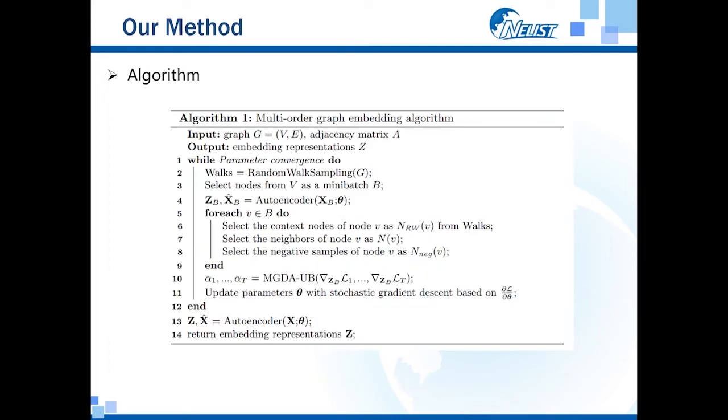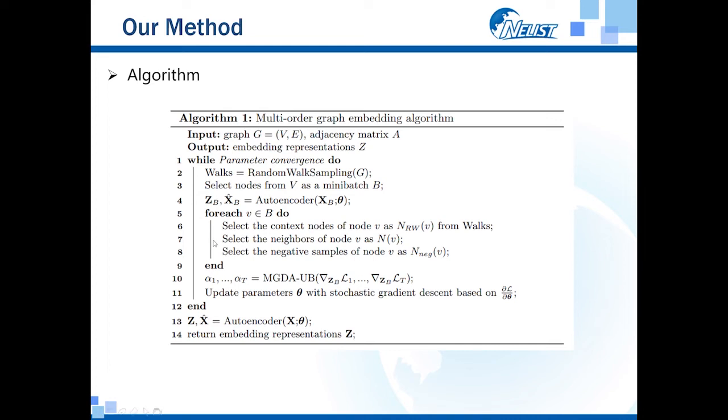So we will introduce our algorithm as follows. First, we use random walk to sample the node sequences. Then we select the nodes from V as a mini batch B. Next, we use the autoencoder to get the current representations.